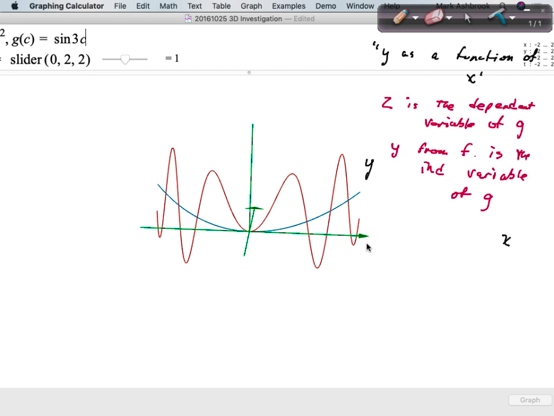So how do you know for sure that the independent variable for the red graph is y and not x? So yeah, it's superimposed over the graph of f, but how do you know that it's still not based on the x values of that function rather than the y values? There's a big clue.